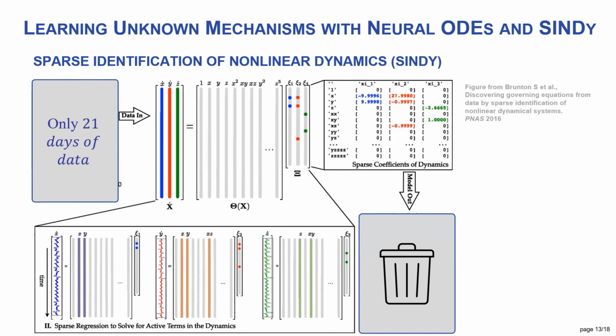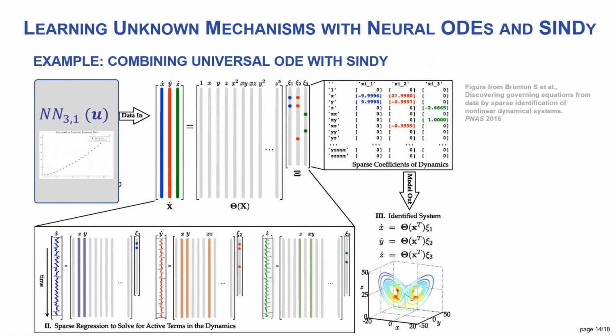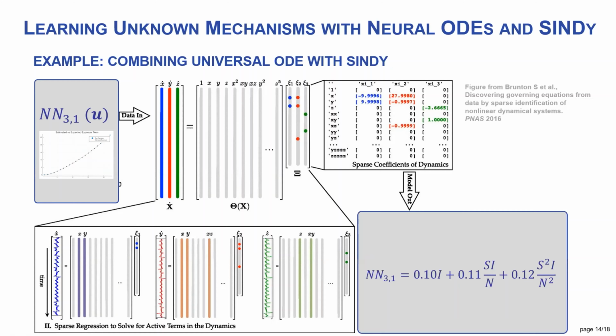But on the slide earlier, I've shown that we've approximated not the whole system, but only a subpart with a neural network. So we can put this neural network into SINDy and try to see what this neural network has actually learned. And the thing that it has actually learned is a very simple equation consisting of just 3 terms.